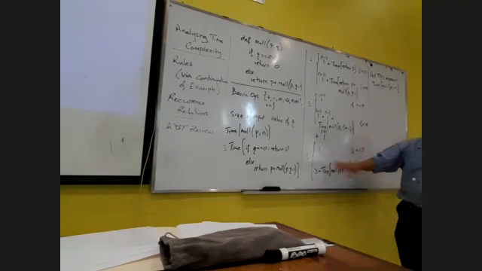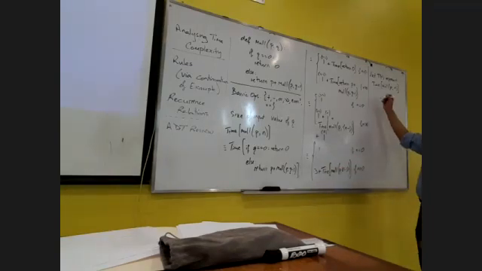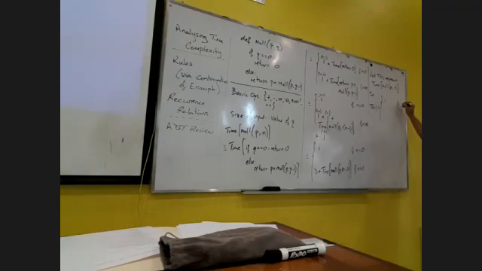According to what we've derived, T of n is 1 if n is 0, or 3 plus, now how do I write this as T of something? T of n minus 1. Exactly.